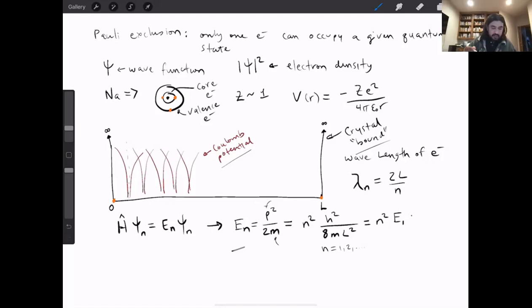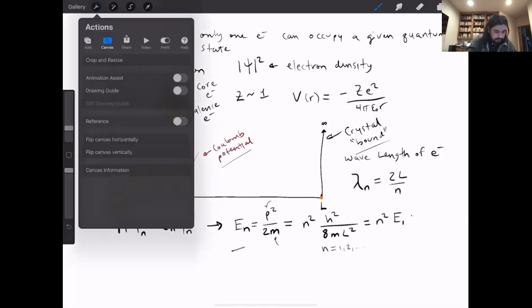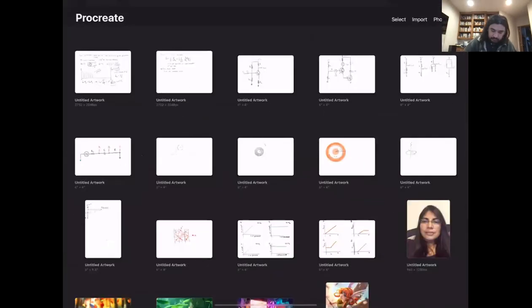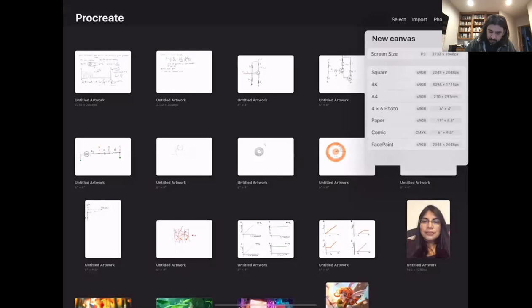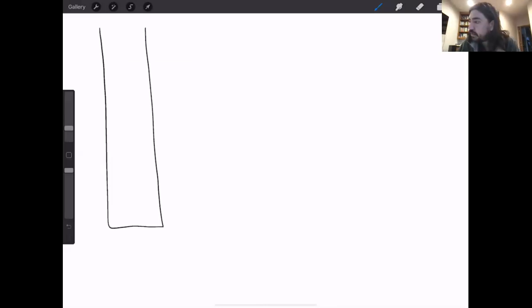So now this brings us to the next thing. We have the energy of the system, and if we were able to picture it, here are the energy levels. Here's energy level 1, and then the next one is higher than that one, energy level 2, and then energy level 3.